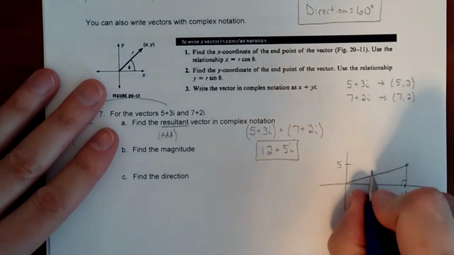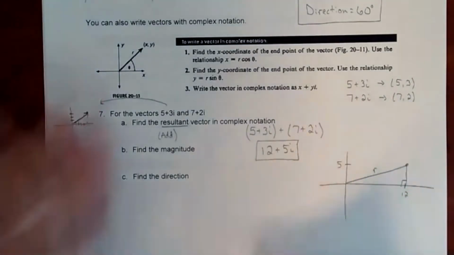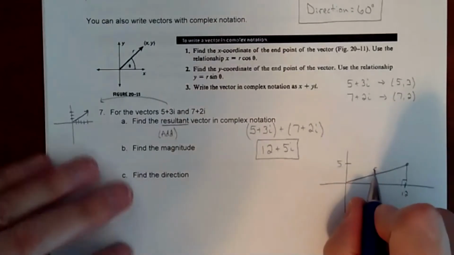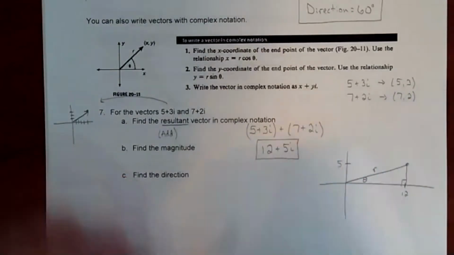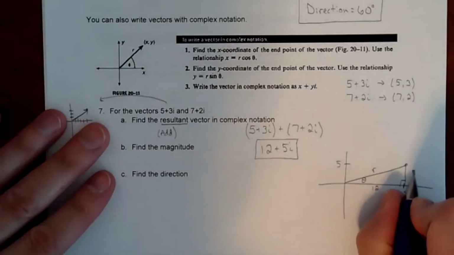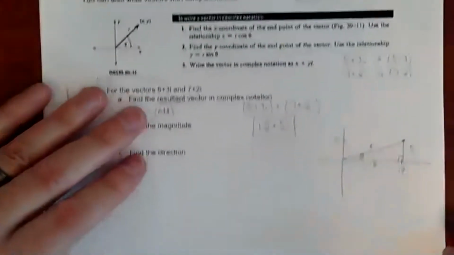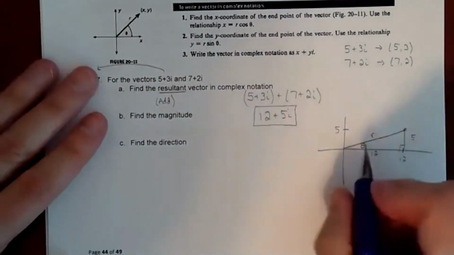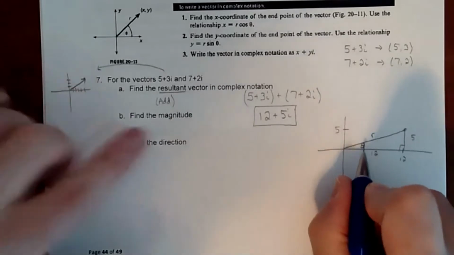So we need the magnitude, which we could call R, we could call hypotenuse, we could call whatever you want to call it. But that's your magnitude. And then we need our angle. So distance out is 12, distance up is 5. And then same math as before. Let's say we do the angle first. Now we'll do the magnitude first.